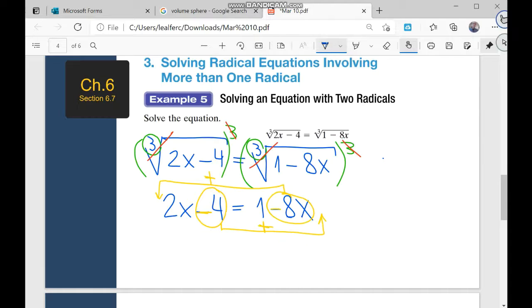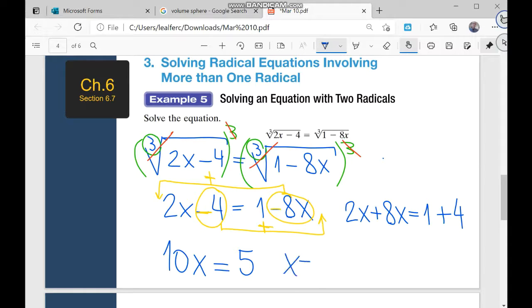Then we have 2x plus 8x equals what? 1 plus 4. Cool? 2x plus 8x is 10x, 1 plus 4 is 5. That means x equals 5 over 10, and we can simplify by dividing the numerator and denominator by 5. x equals 1 over 2.